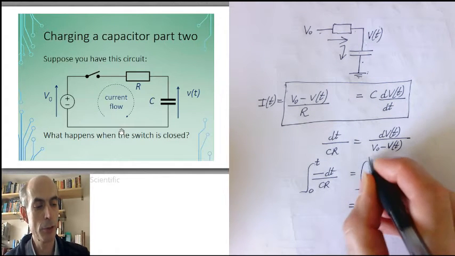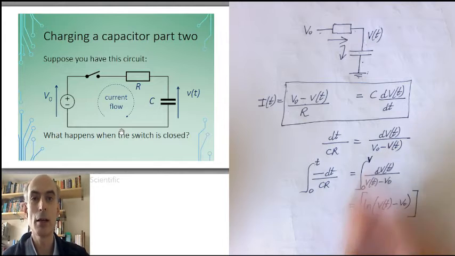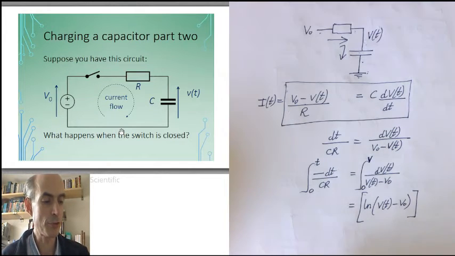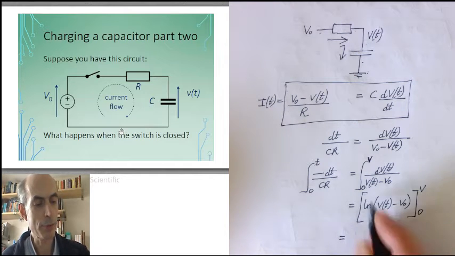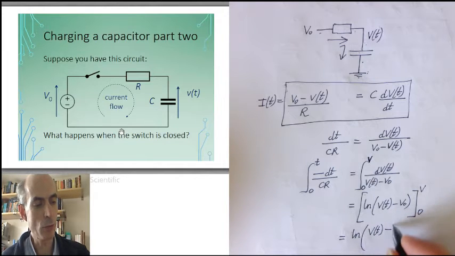And it would head up to some value V after a particular time of interest. So I would get this. That is log of V of t minus V0 minus the log of 0 minus V0.